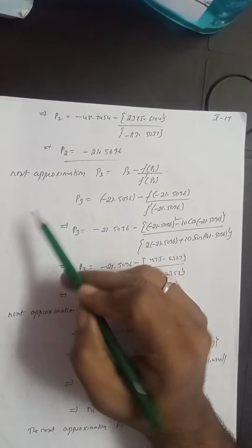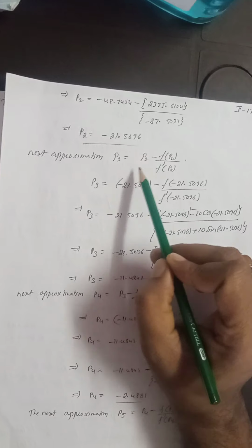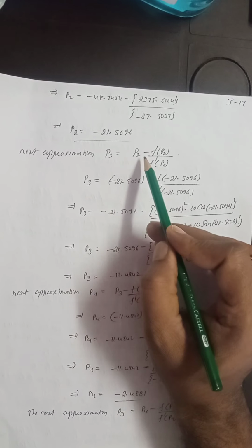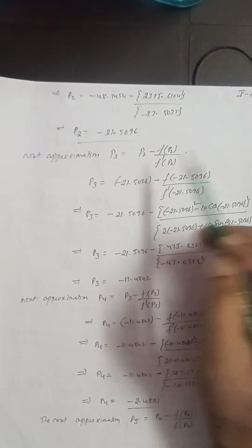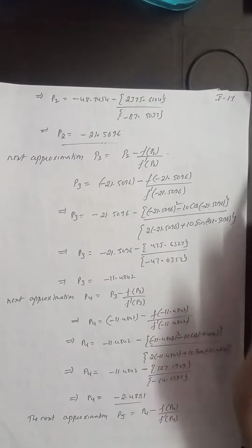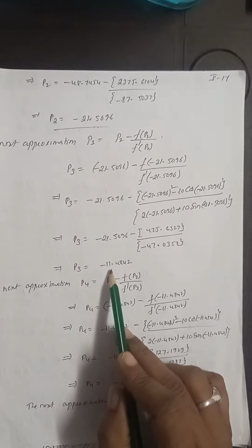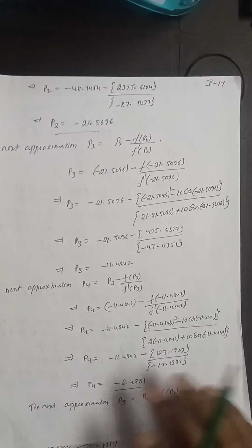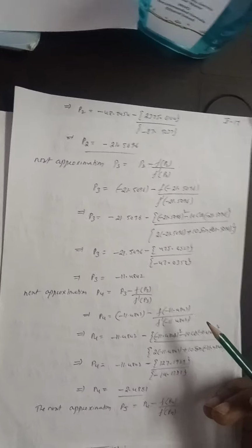Next, the better approximation is denoted by p3, and p3 is equal to, what is the formula? p2 minus f of p2 by f dash of p2. Now we know p2 value. Here we are substituting in this formula. In the same fashion, we are getting p3 value as minus 11.4842. The next approximation, again you have to repeat the same process.